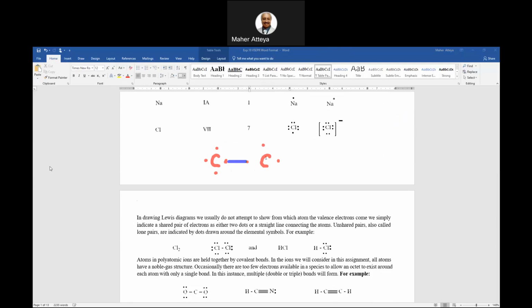Let me take this one out. Move those 2 here instead. One is here, one is here, correct? So I can make out of this a double bond.